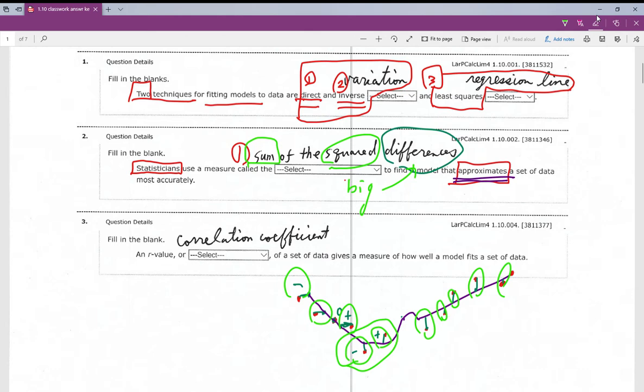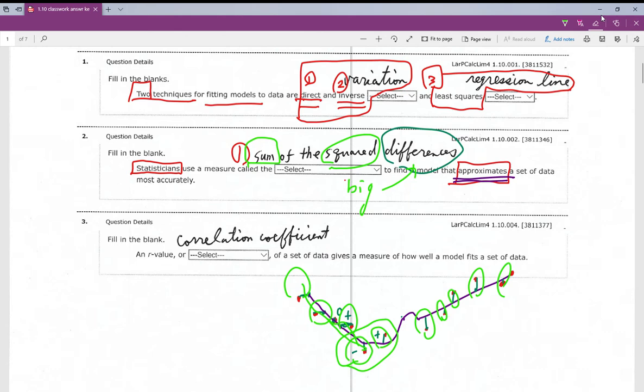If the sum of the squared difference is too big a number, then we may want to give up this model and choose another one to see if anything can make a smaller difference. If you can have a smaller difference, closer to the data is better. Okay, so that's the idea for number 2. Number 3.